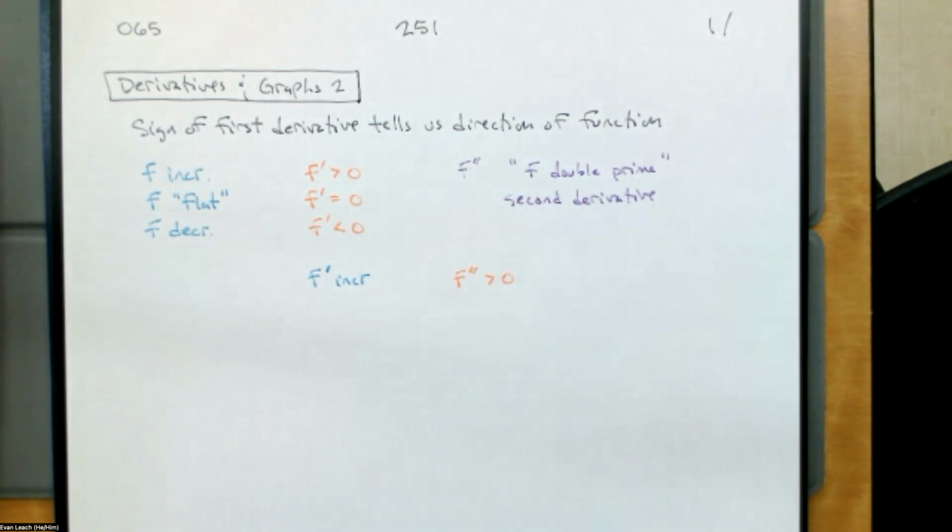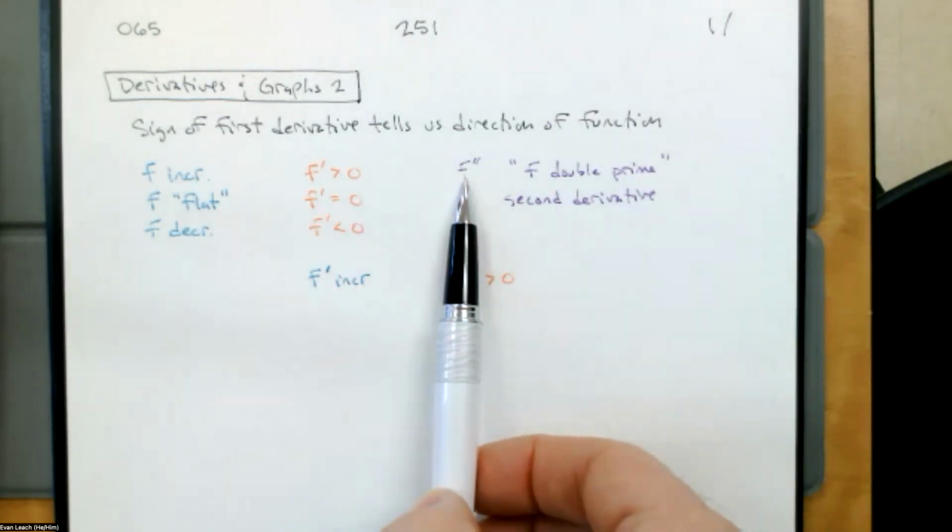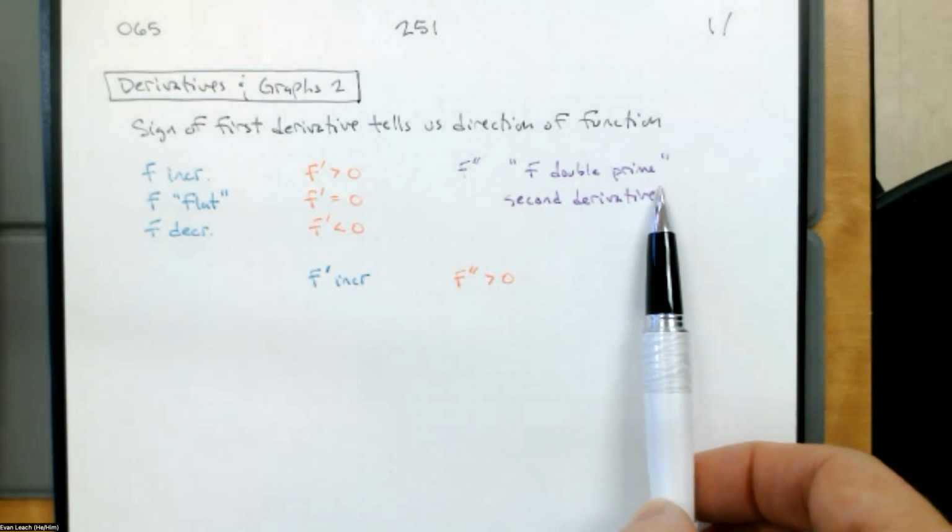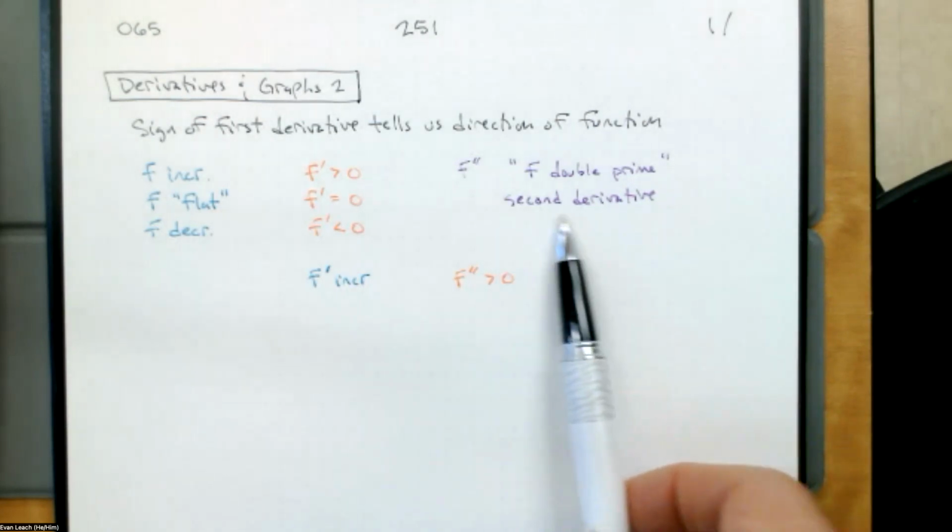The second derivative is just the first derivative of the first derivative. I'm just going to say the derivative of the first derivative, so I'm not saying first all over the place. So we write f double prime, we say f double prime, we mean the second derivative.